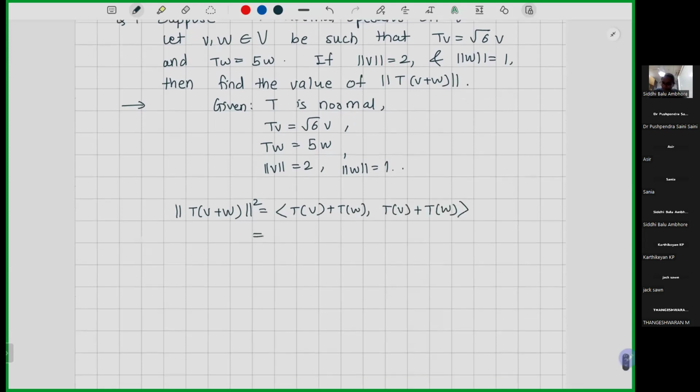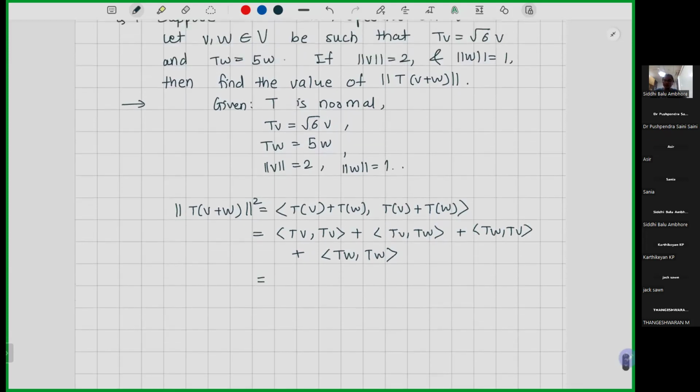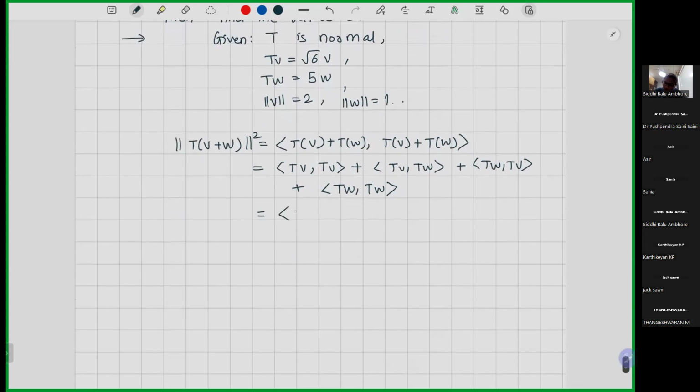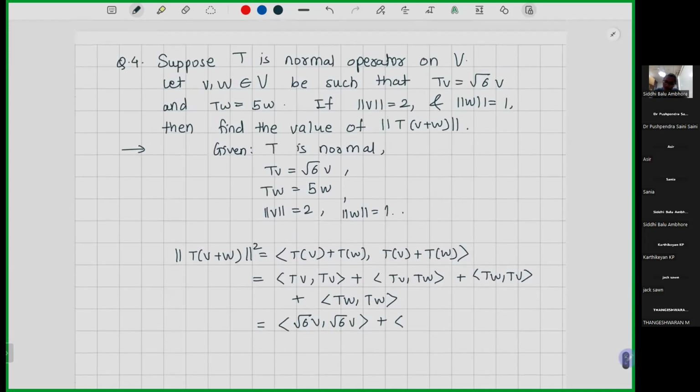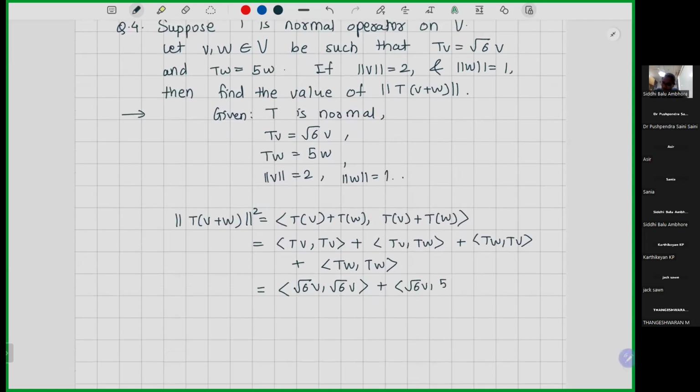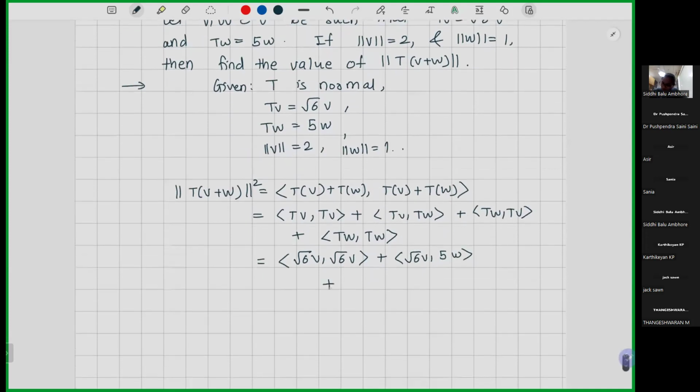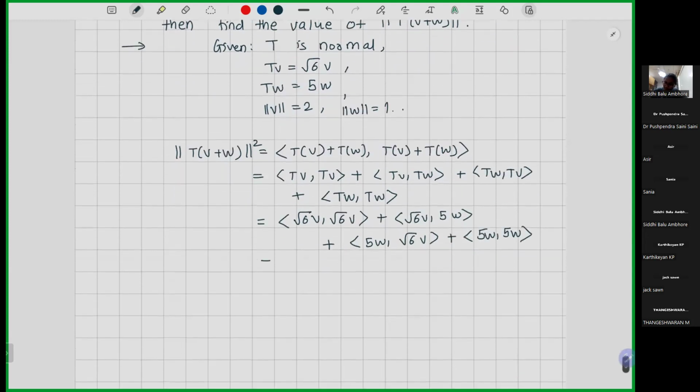This is the inner product of TV with TV, plus TV with TW, plus TW with TV, plus TW with TW. We will substitute TV with root 6 V and TW with 5W. So we get root 6 V with root 6 V, plus root 6 V with 5W, plus 5W with root 6 V, plus 5W with 5W.